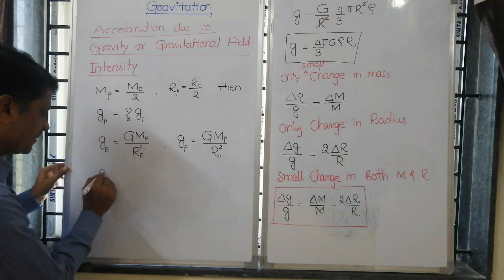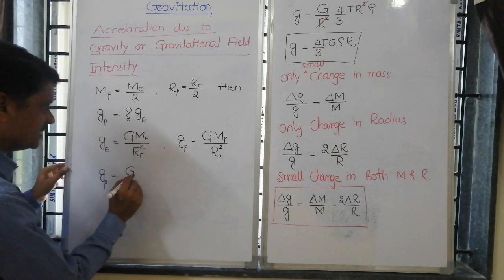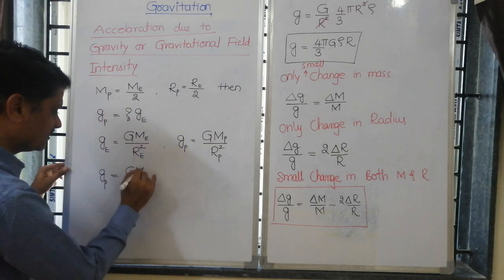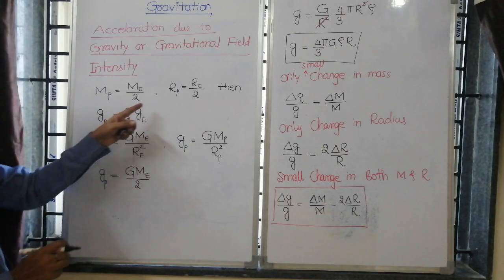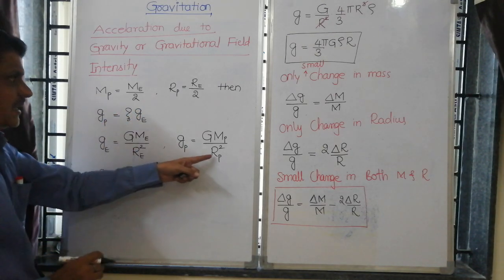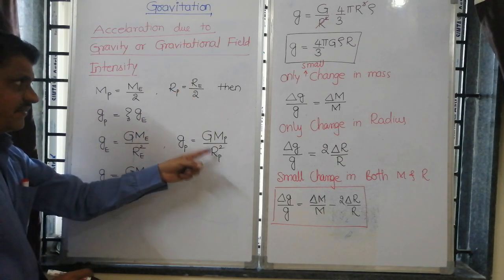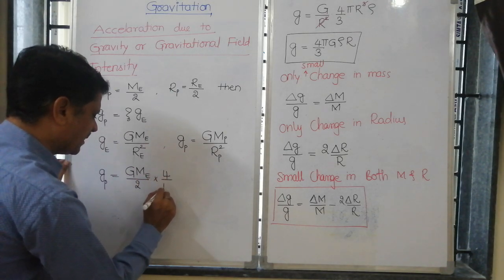Then g of the planet is equal to capital G, as it is, mass of the planet equal to mass of the earth by 2 and radius of the planet equal to radius of the earth by 2. If I make it a square, directly I will write 4 by radius of the earth whole square.